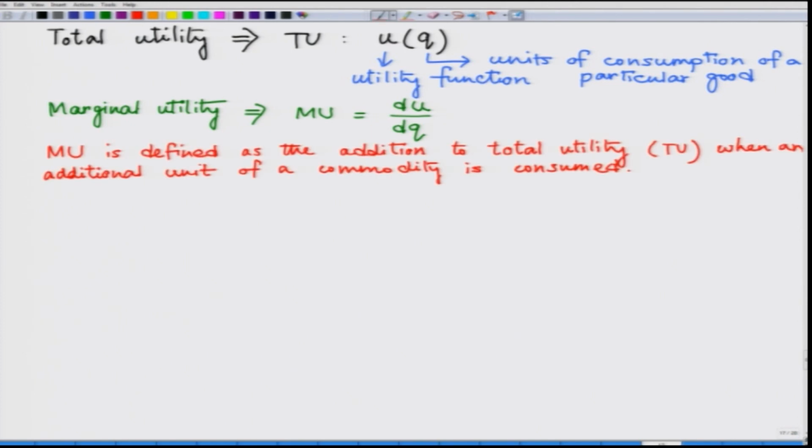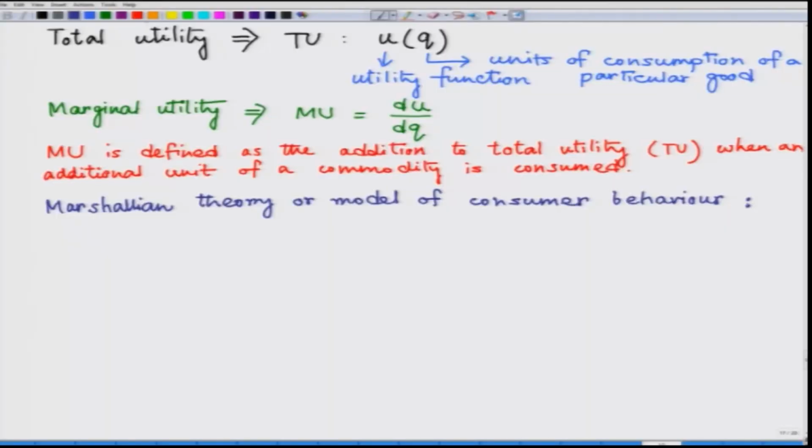Now we are ready to start with the Marshallian theory of consumer behavior, which is also known as the cardinal utility analysis. So we will first start with the assumptions.